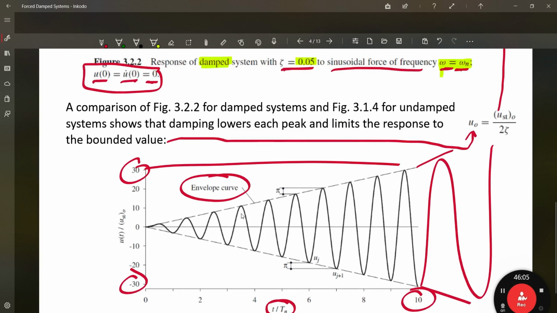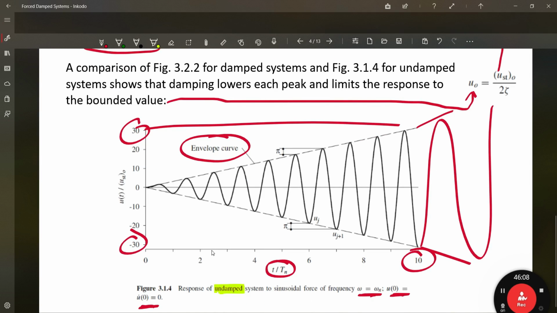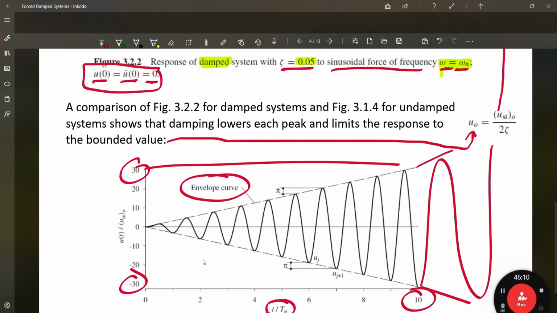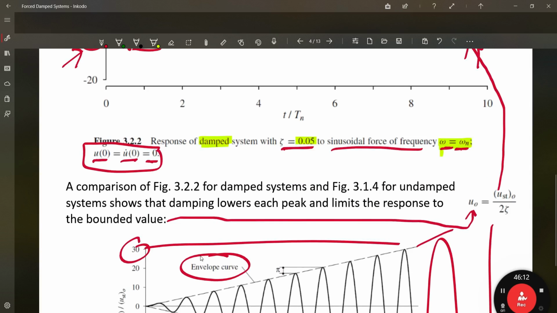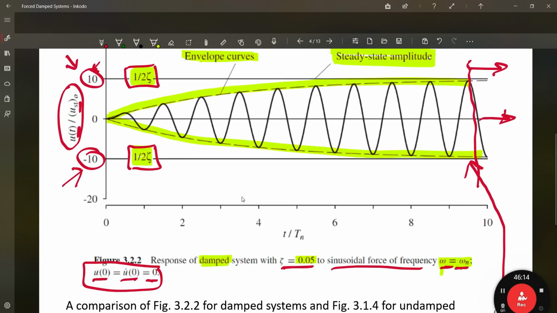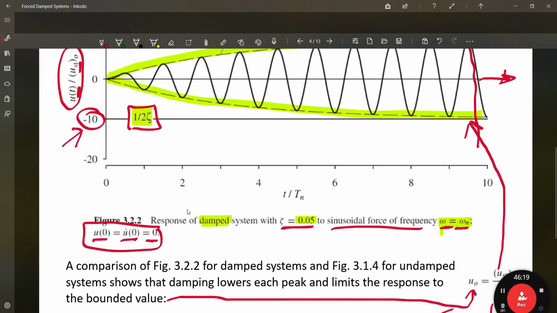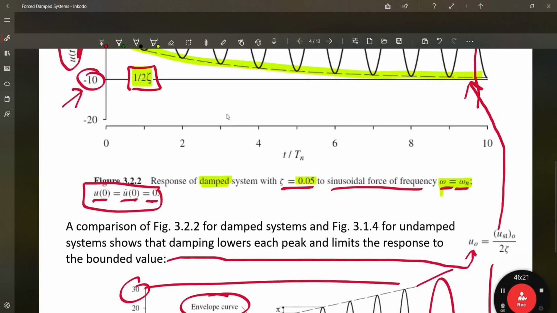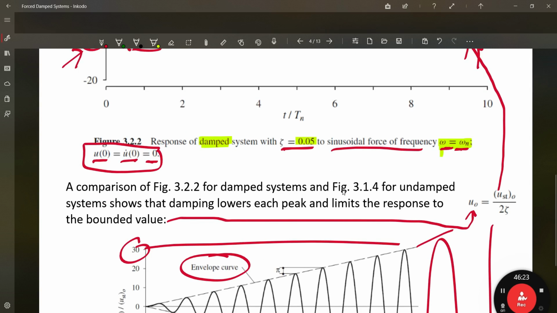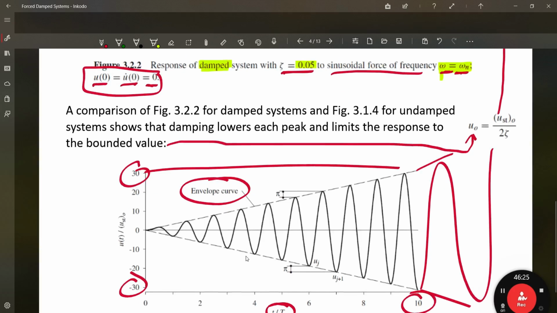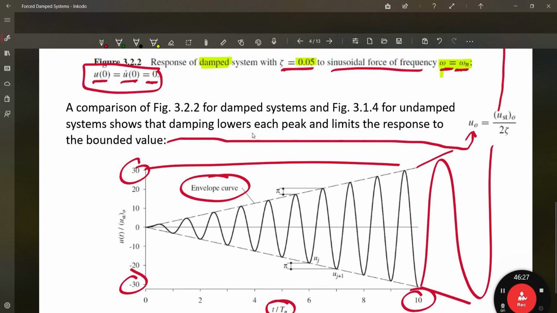If we compare it with the undamped system, you are going to find we are really in a very good position now. I mean the response is going to be better for us. A comparison of figure 3.22, which is the damped system, and the undamped system, as you can see, shows that damping lowers each peak and limits the response to bounded values.